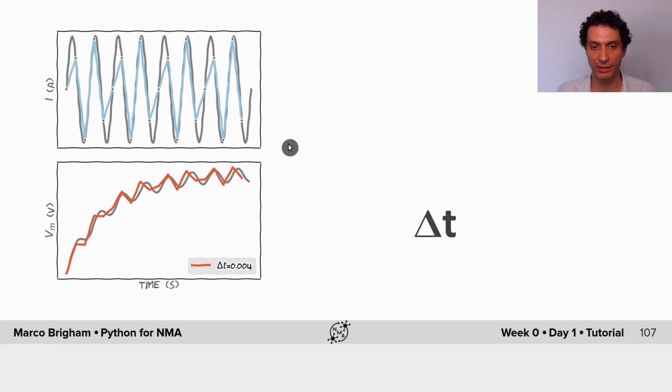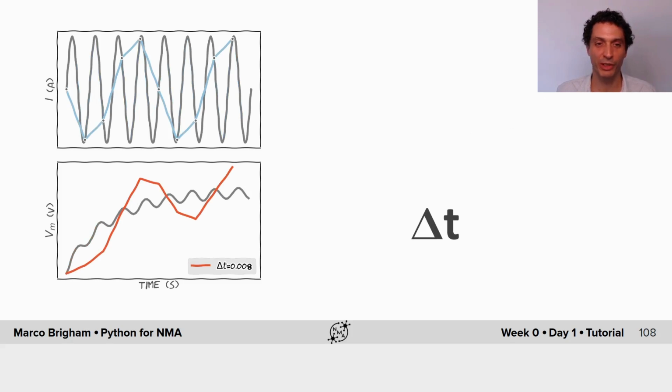And as a result, the response of our neuron is also very different from the gray line here that represents the original response with a small delta t. And of course, at one point, it really is very different. Our delta t is too large and it's not really representing the response of the neuron.